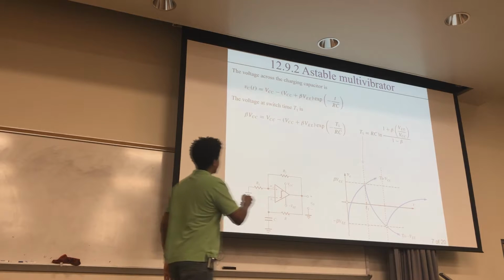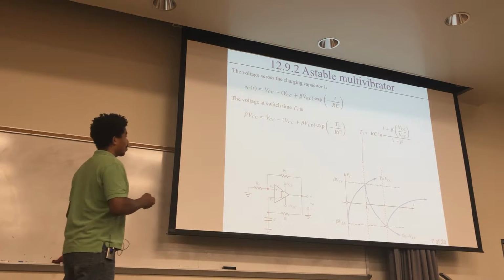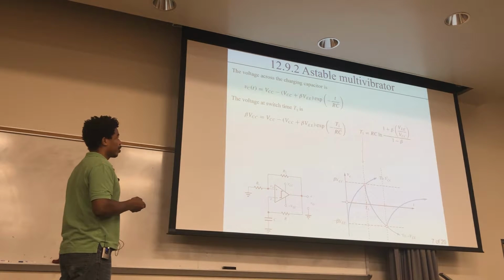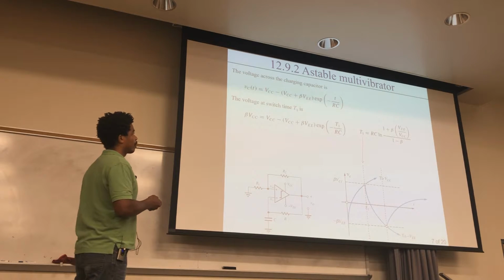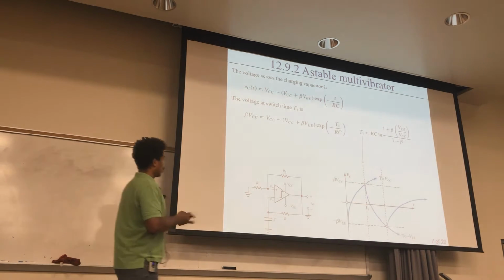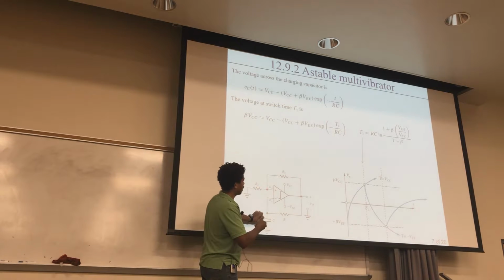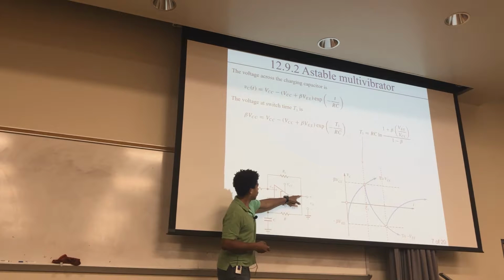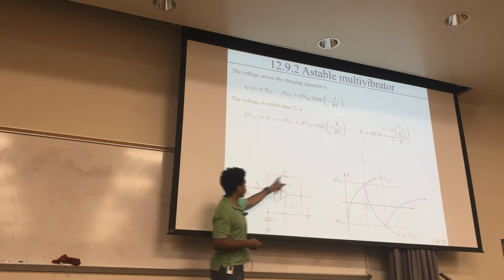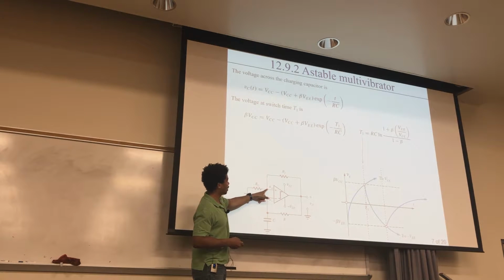Okay, so it's the same equation, except that at this time right here, you know where your voltage VC is going to be. You know that VC, the voltage across the capacitor, is going to be beta VCC, right? So here's VCC, where it's got to its saturated value. This point right here is beta VCC, and so that's where the crossing point is for switching.